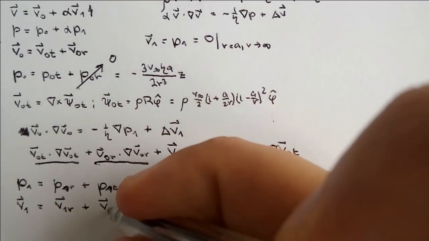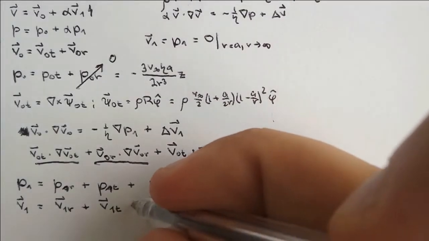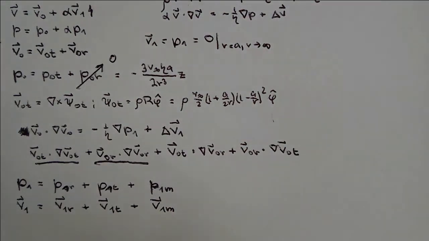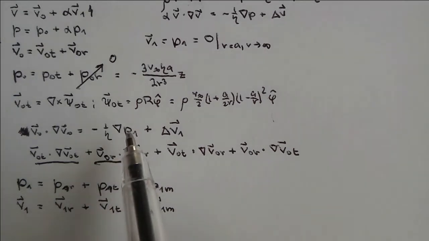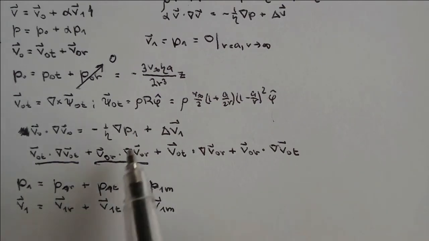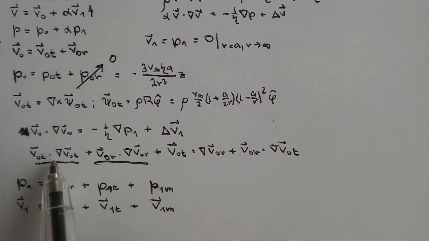And again, there is a Lamb solution for V, and I can write V1m as the correction, the unknown function. If you substitute in this equation, you will get that these two rotational terms will match up with this term, and these two terms will match with this term.